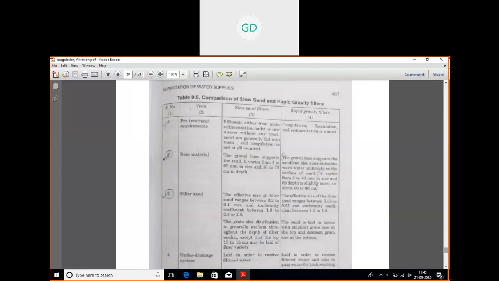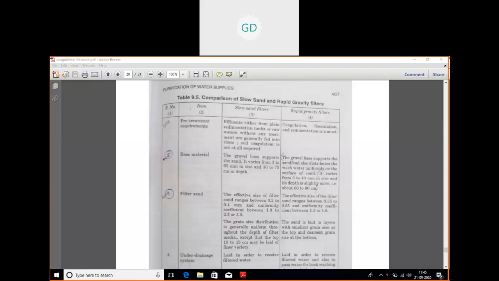But sometimes they might ask you to compare slow sand filter and rapid gravity filter on the basis of, suppose, base material or sand. They might give you the basis on which to compare, so that's why you need to study the whole comparison.